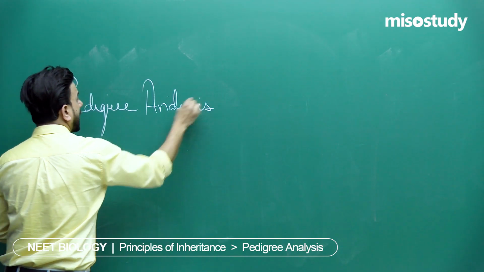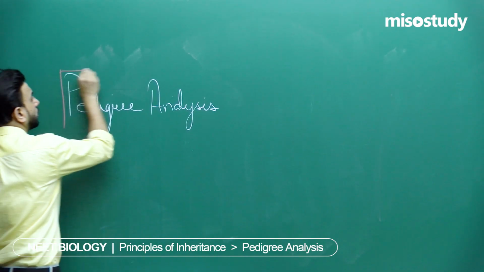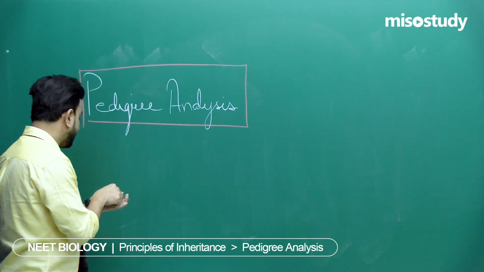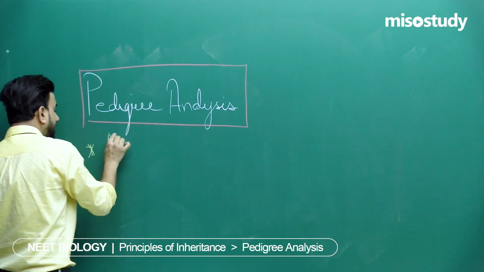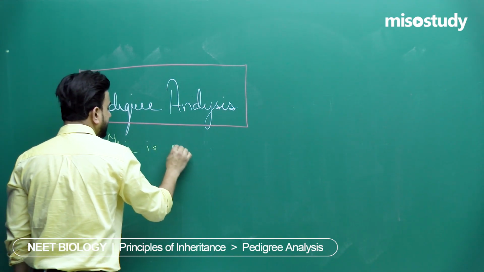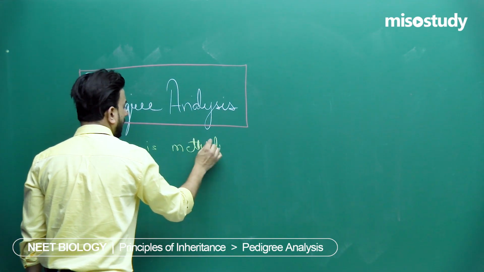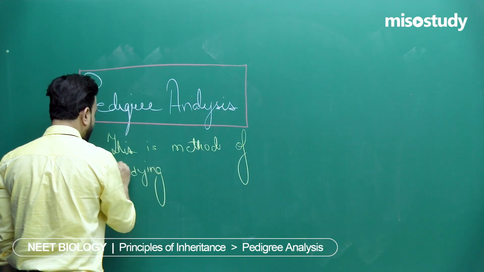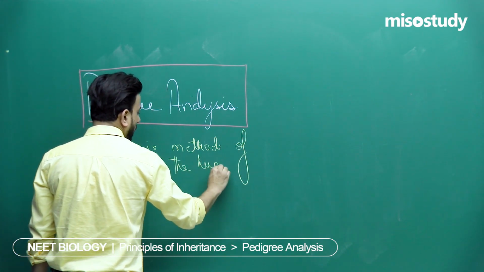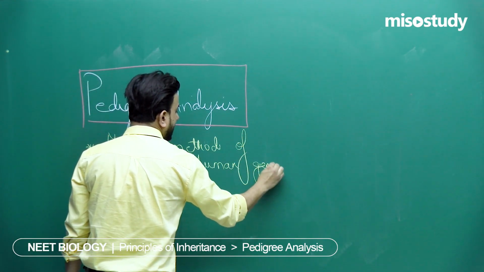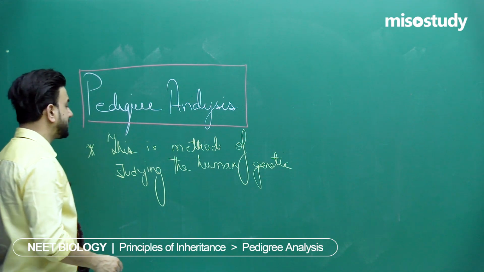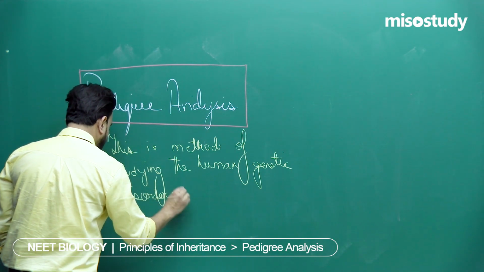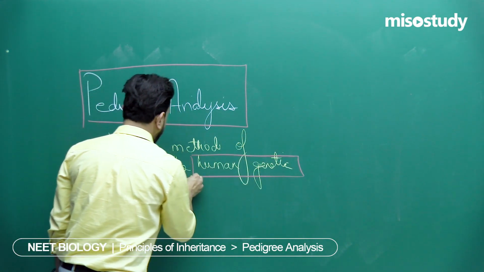First of all, when we are talking about the pedigree analysis, what we want to write down is: this is the method of studying the human genetic disorders. Right. Very important.